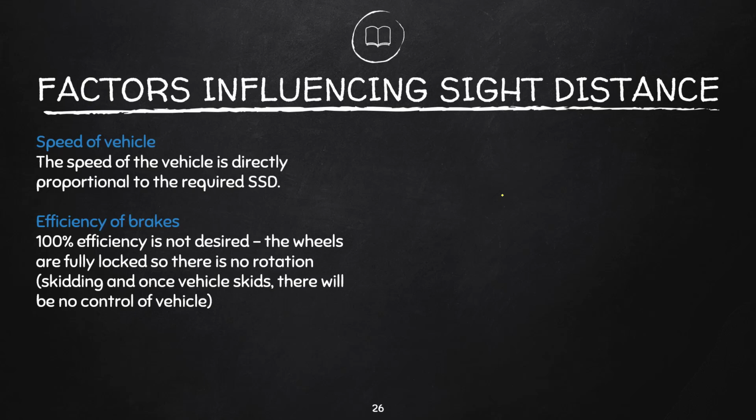So the efficiency of brakes in the design is not considered to be 100%, because in that case, when you step on the brake, it will automatically lock the wheels, and since there is momentum in the vehicle, the brake will not be sufficient to bring the vehicle to a full stop.